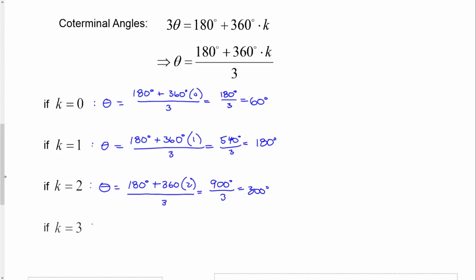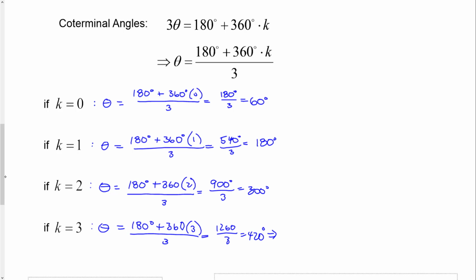If k is equal to 3, this would be 180 plus 360 times 3, divided by 3. 180 plus 360 times 3 is 1260. 1260 divided by 3 is 420.